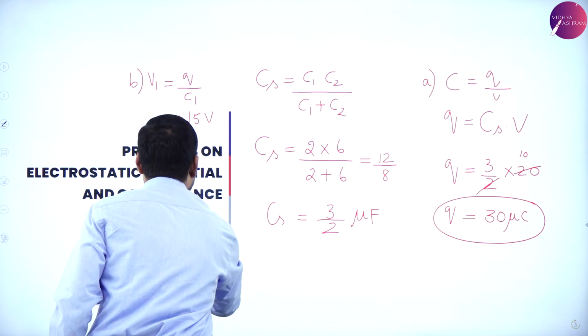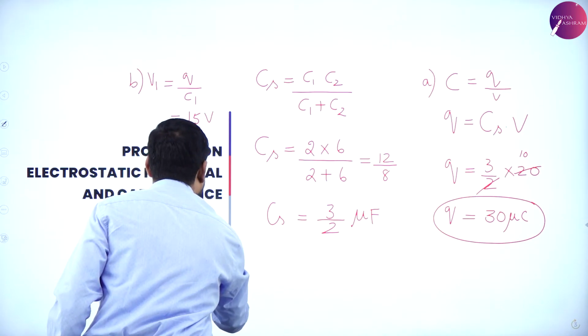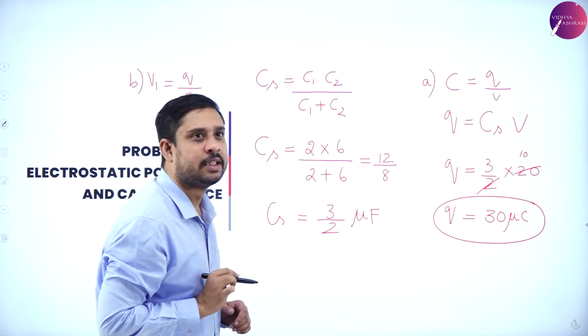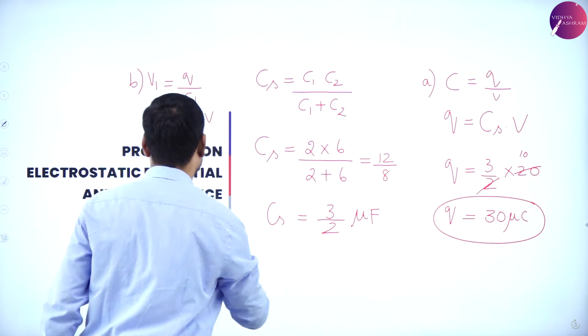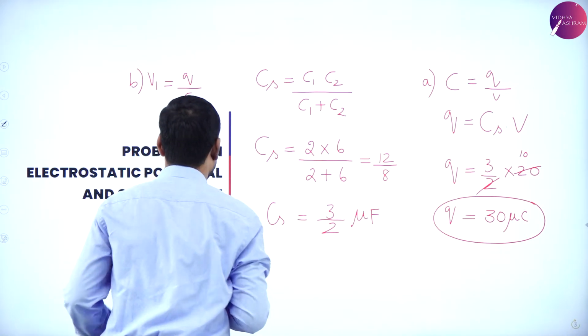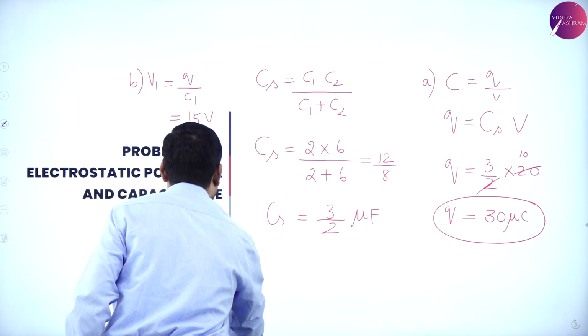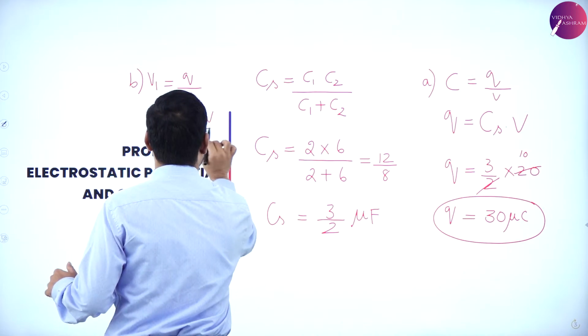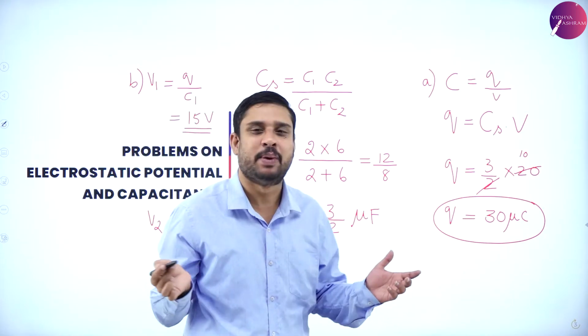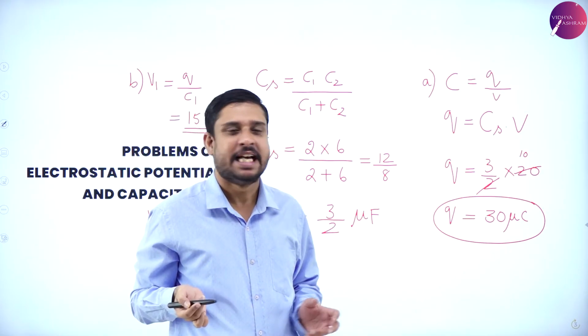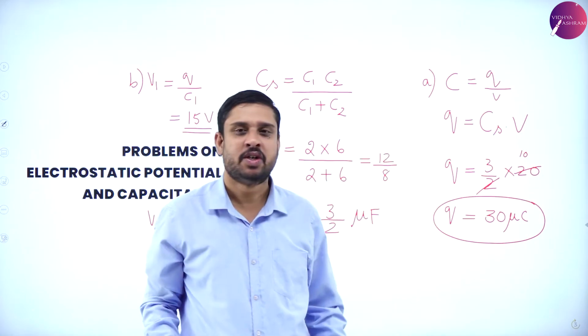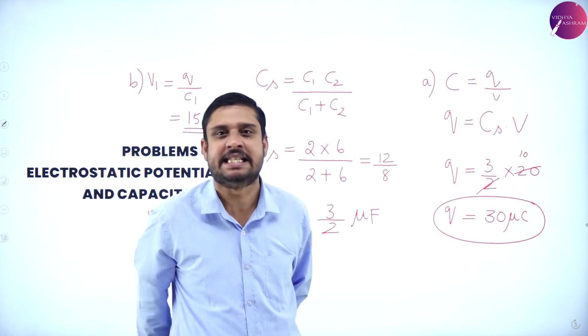V2 is Q by C2, 30 by 6. So this is 5 volts. See? Very simple. A 5-mark question. Just know the relations. You can solve them very easily.